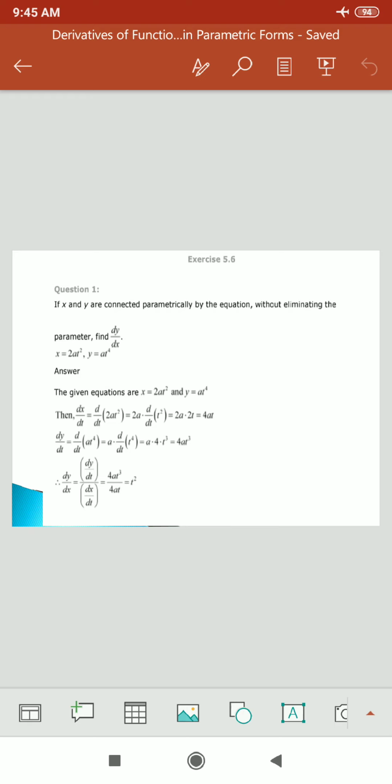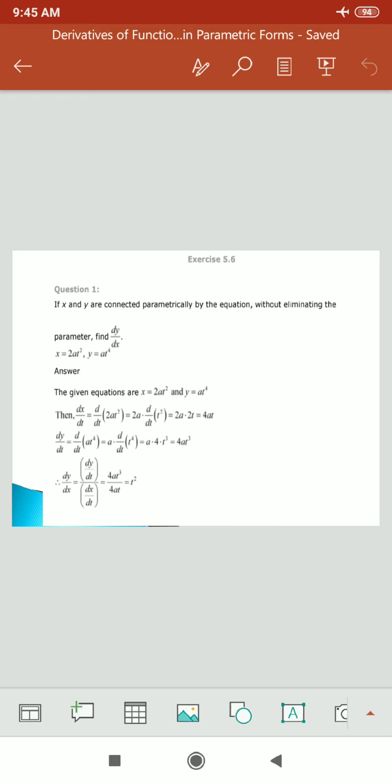Okay, the given equations are x is equal to 2at square and y is equal to at raised to the power 4. Then differentiate with respect to t, we get dx by dt, that is equal to d by dt of 2at square, which is equal to a constant, t square derivative, that is 2t, which is equal to 4at.